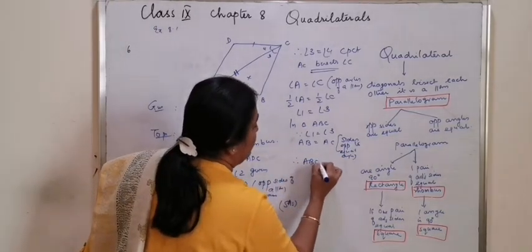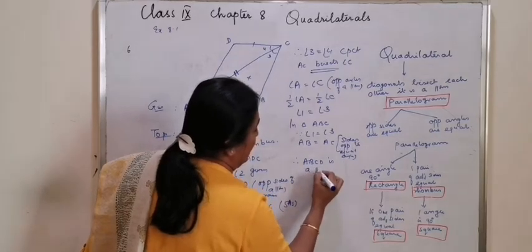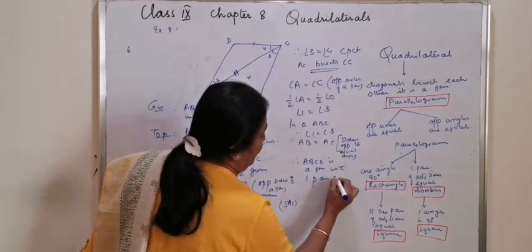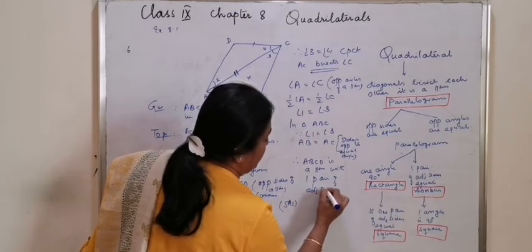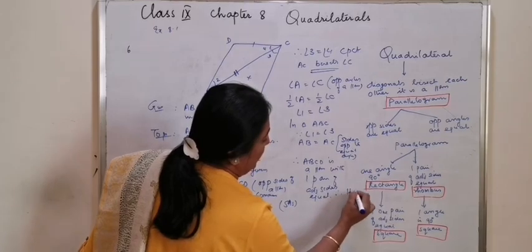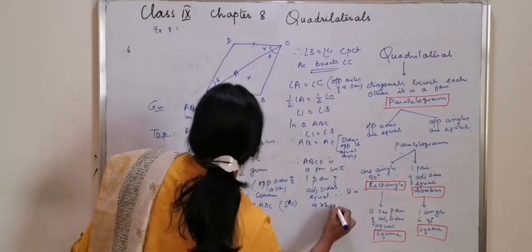Therefore, ABCD is a parallelogram with one pair of adjacent sides equal. Therefore, it is a rhombus.